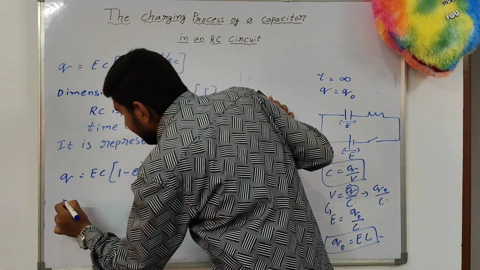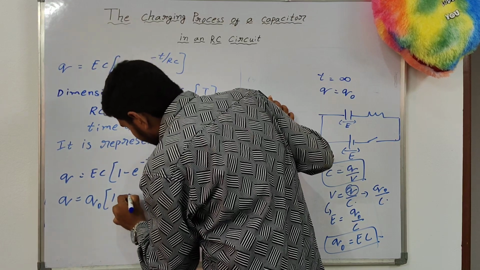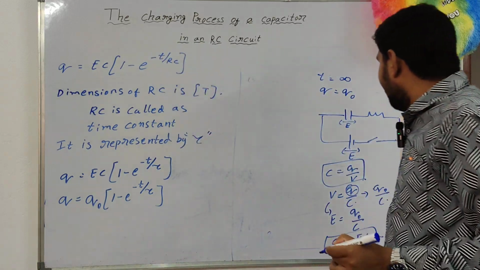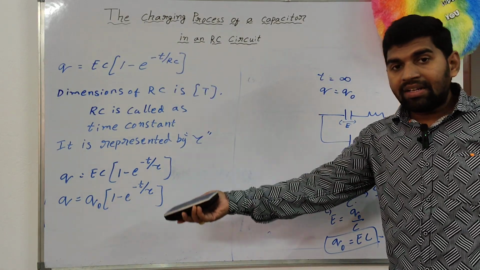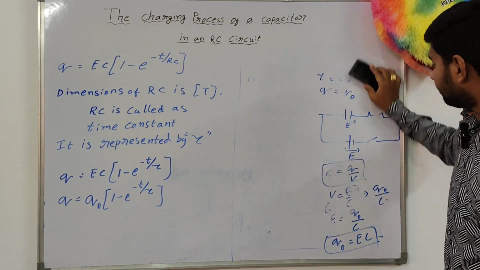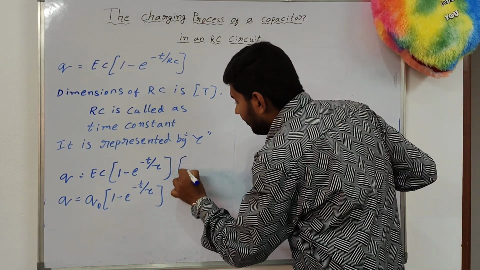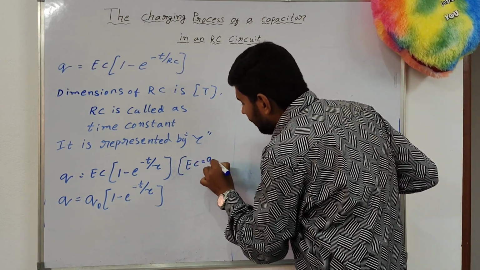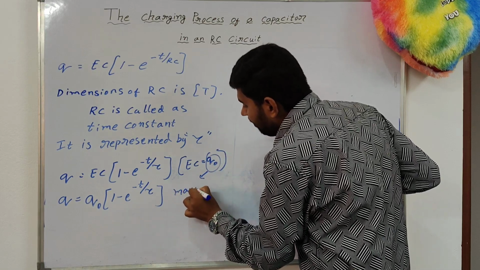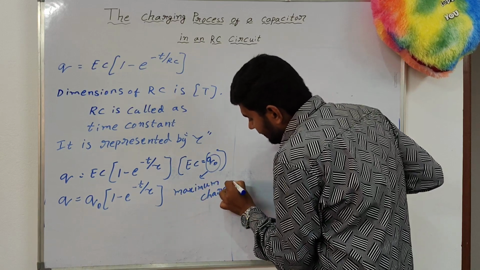EC is also called the maximum charge on the capacitor, in the formula Q equals Q naught into 1 minus e power minus t by tau. You can write here EC is equal to Q naught, where Q naught is the maximum charge.